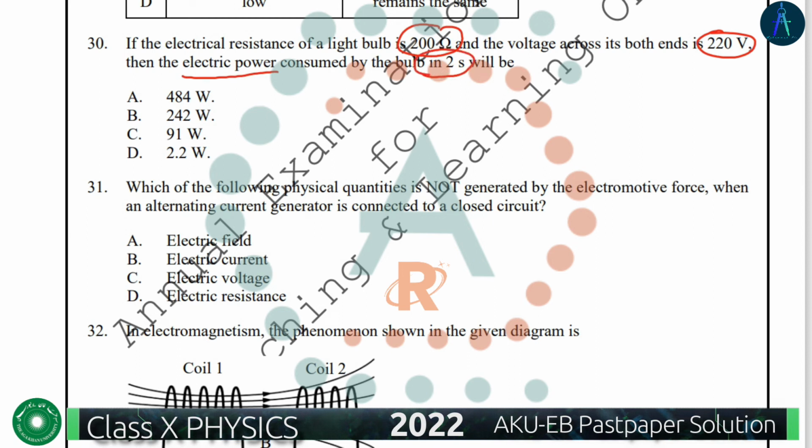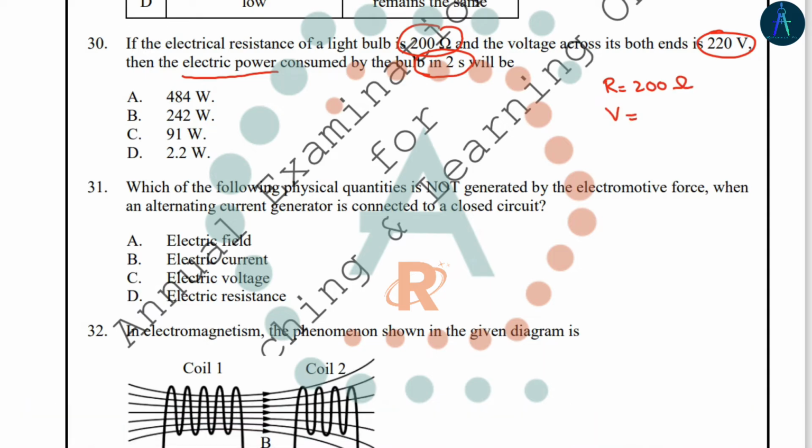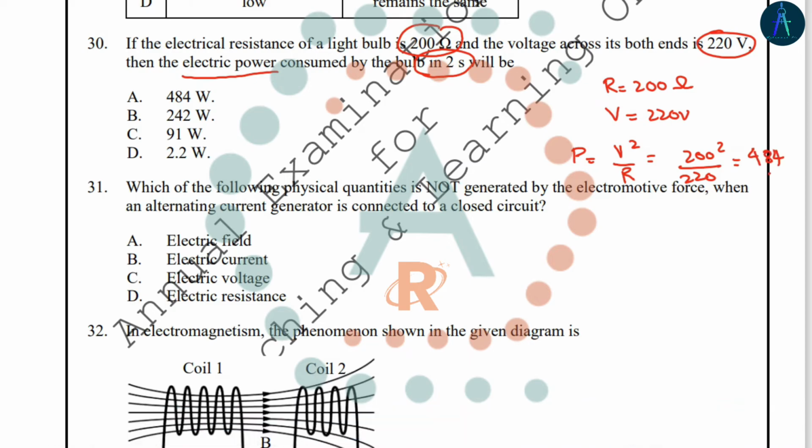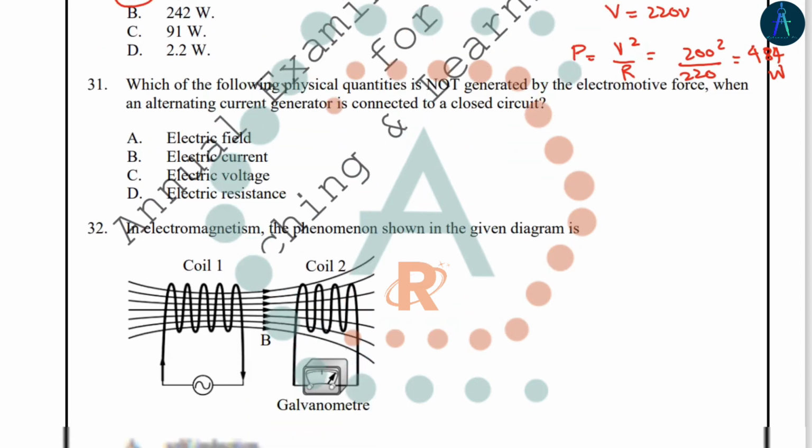So we have R equal to 200 ohms and V equal to 220 volt, and we have to find the power, which is equal to V squared over R. So 220 squared divided by 200, after solving this expression, we get 484 watt. So option A is the right answer.